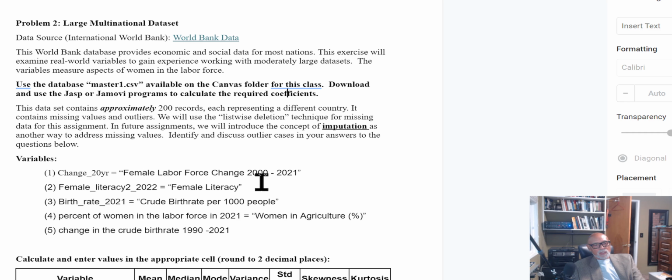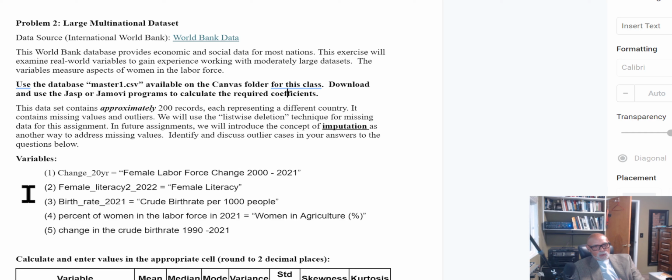The variables that we're going to look at are women's literacy rate and the crude birth rate, which is the birth rate per 1,000 people, not just women. There's an adjusted birth rate that looks at only women between, I think, 15 and 55, and the number of children born.